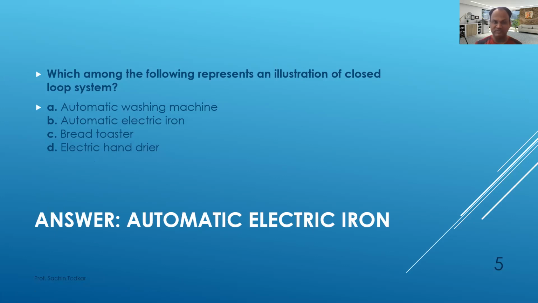In a washing machine there are presets, so there is no feedback loop. In a bread toaster there is only a timer setting and the bread will come out of the toaster. An electric hand dryer also has no feedback. That's why the only one having a closed loop or feedback system is the automatic electric iron.